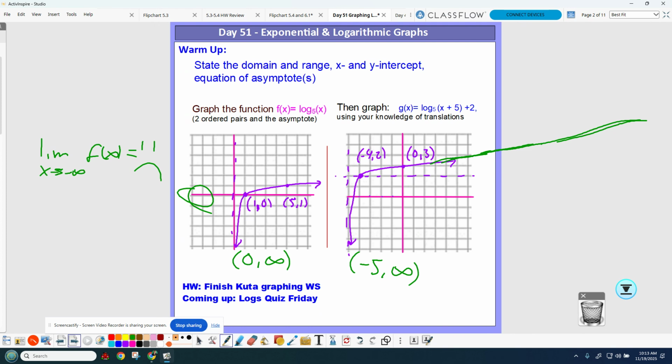Were there other properties on the graphing sheet that you want to make sure we talk about? Again, we were told in the beginning that the transformation is left 5, up 2.